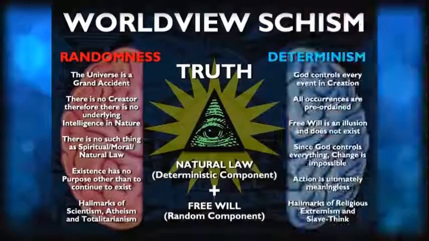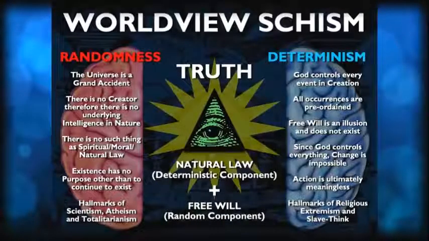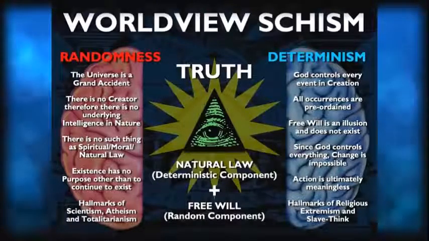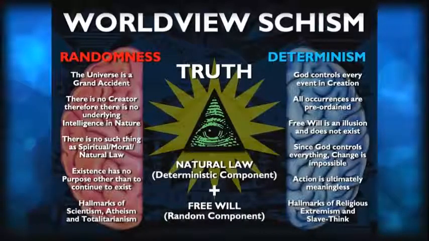So, to a left brain imbalanced person, there's no such thing as spiritual or natural law. It doesn't exist. As a matter of fact, all of existence has no purpose other than to continue its existence. See, survival is the highest aspiration to a left brain imbalanced individual. Right and wrong have no bearing. There's no point in even discussing it. Because right is what's right for me if I'm super left brain imbalanced.